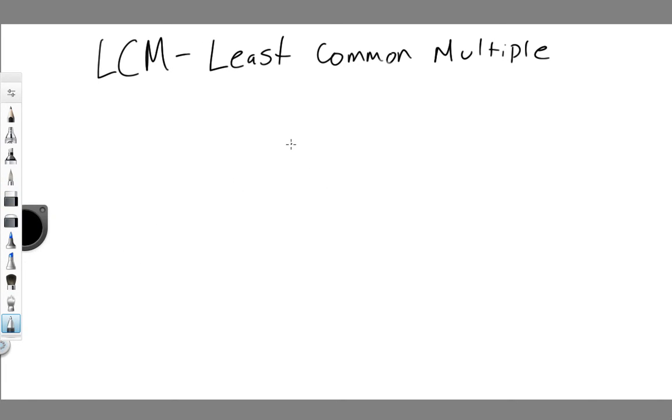So the best way to avoid that is using a prime factorization. The numbers we're going to do it for are 15 and 24, so we're going to find the least common multiple for 15 and 24.